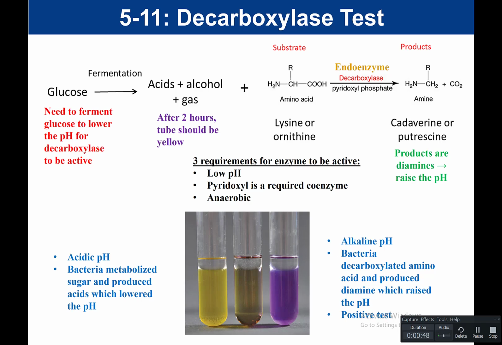But if we have acids produced, glucose was fermented, it produced the acids, but that bacteria was not able to do the decarboxylation reaction and produce those diamines. So this would be a negative test. So in this test, purple is our positive, PP, purple positive. Yellow is going to be our negative. And again, remember, this is going to be opposite to what we looked at when we looked at sugar metabolism. We were looking for the acidic products. In this case, we're now going to start to see these alkaline products.